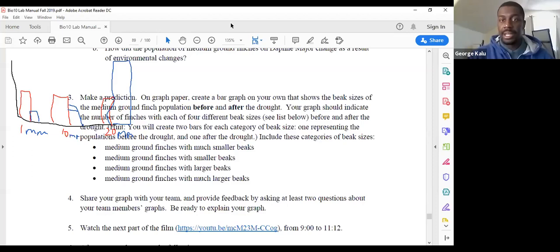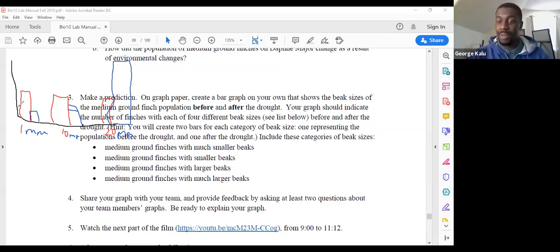Okay? Actually, let me ask you guys this. Which birds were now able to survive now that the small seeds were abundant? The finches with small beaks, the finches with large beaks? When the small seeds were available, not the large beak birds, but which ones were better able to survive this new environment?